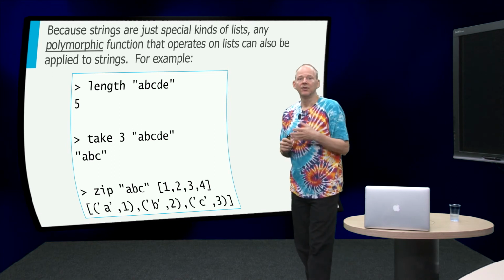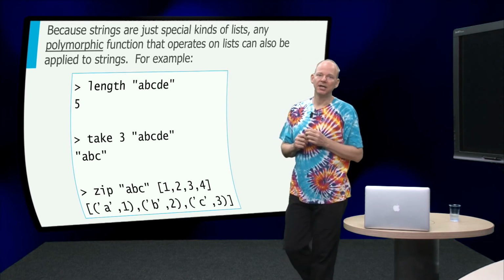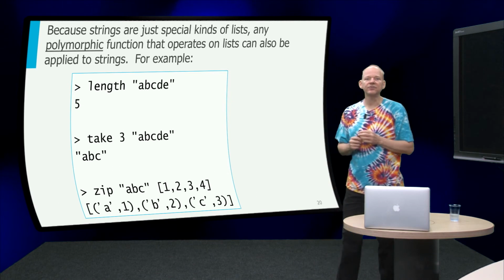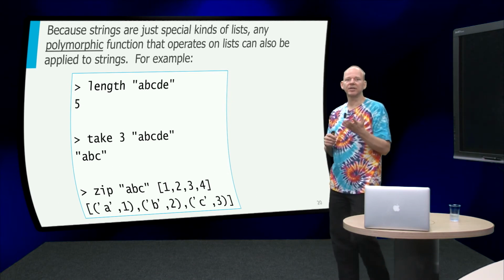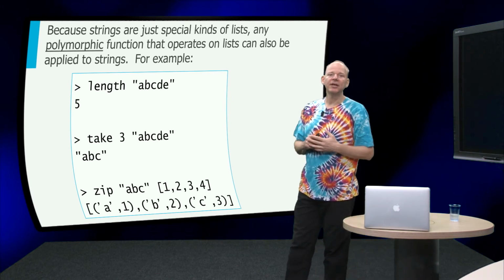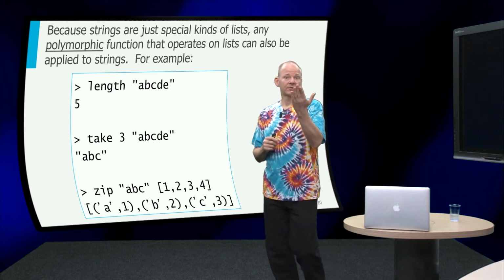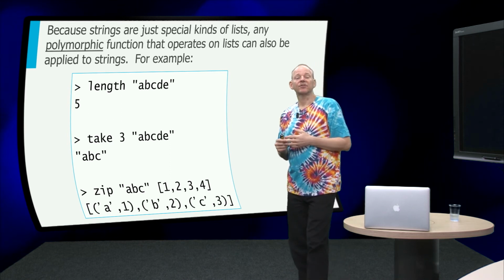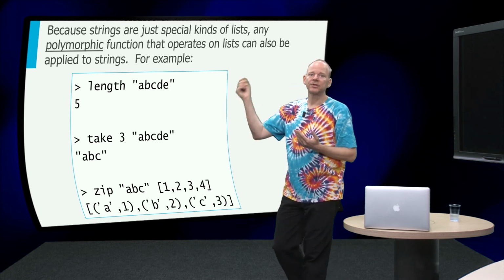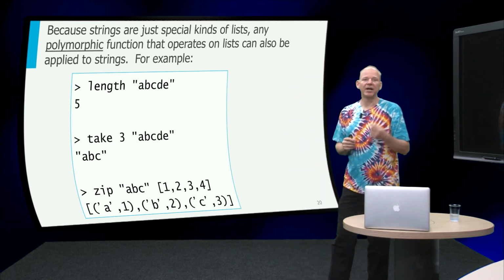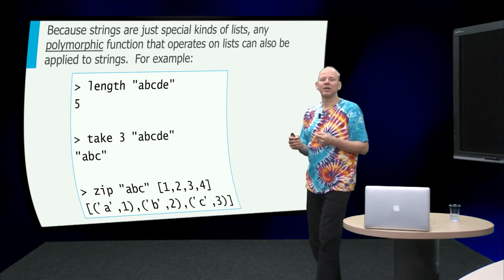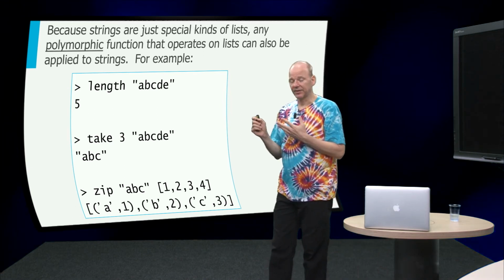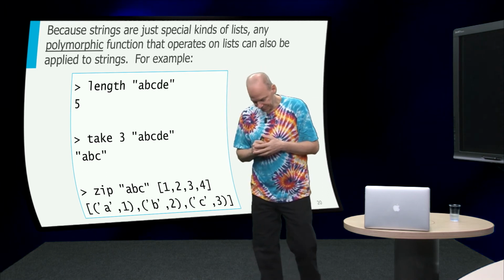We can take the first 3 characters of a list by using take 3, so we get ABC, and we can zip a string with a list in this way. So for example, if we zip ABC with 1, 2, 3, 4, we get the list of pairs with the character A, 1, character B, 2, and character C with 3.